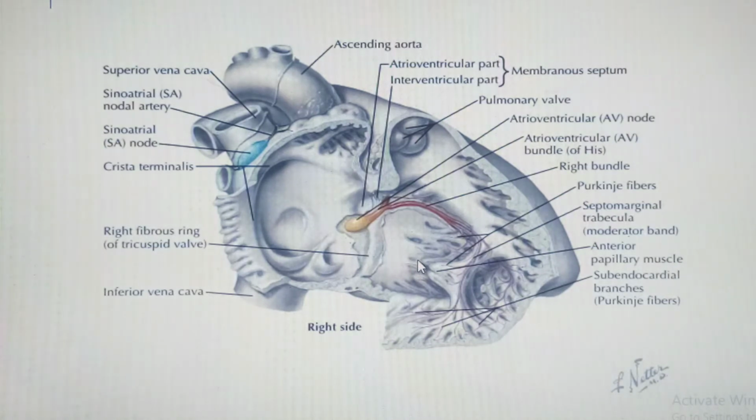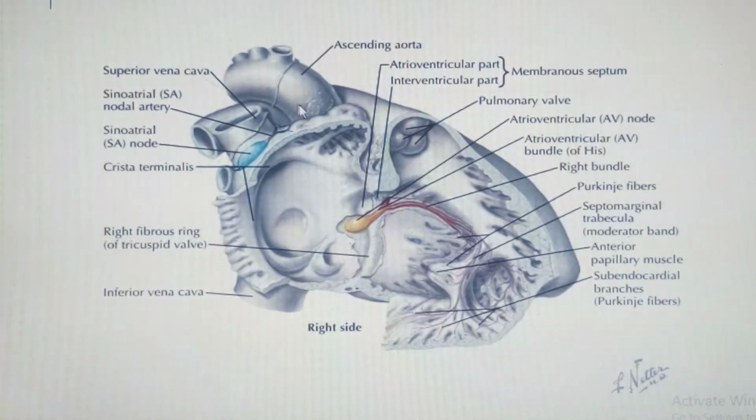There's also double circulation, because deoxygenated blood from all parts of the body except the lungs will enter the right atrium of the heart, and then the right atrium pumps the blood to the pulmonary trunk, which gets into the lungs for oxygenation.